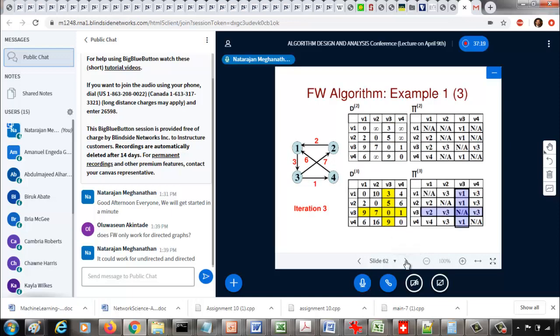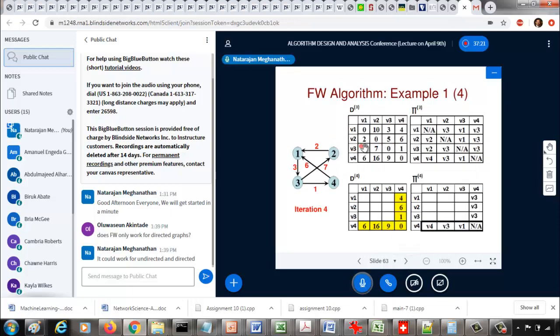So also at the end of iteration 3 what we have is the shortest path distances possible from one vertex to any other vertex by considering only vertices 1, 2 and 3 as the possible intermediate vertices. Like you see, at the end of iteration 3 we have distance 9 from vertex 3 to vertex 1. That means that is the shortest possible distance we can have from vertex 3 to vertex 1 by considering only vertices 1, 2 and 3 as the possible intermediate vertices.